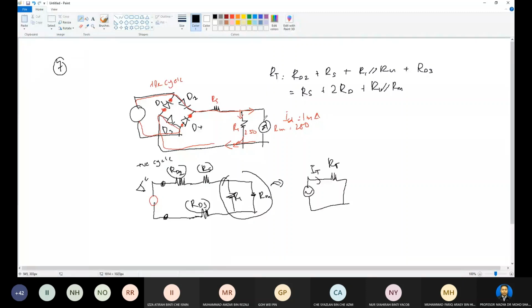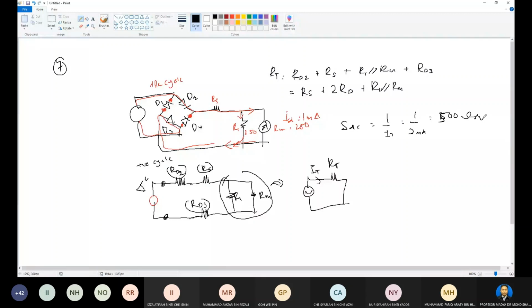But first we have to calculate the sensitivity for DC. Similar to before, for the same 2 milliampere, the answer will be 500 ohm per volt.